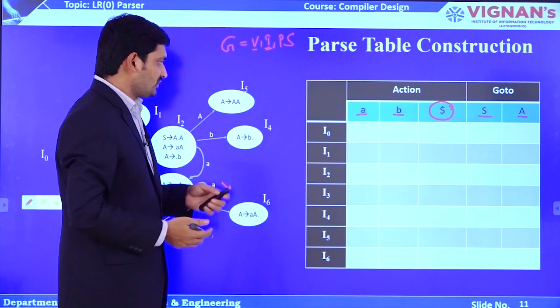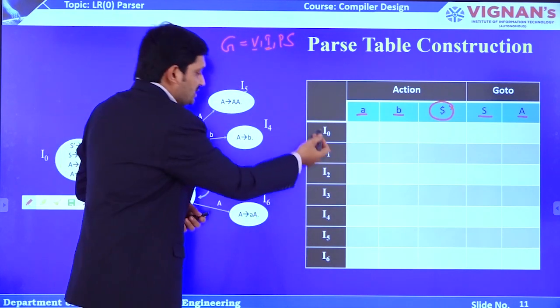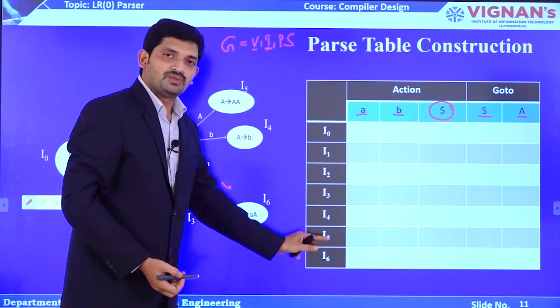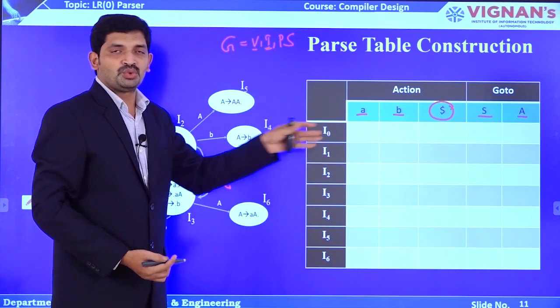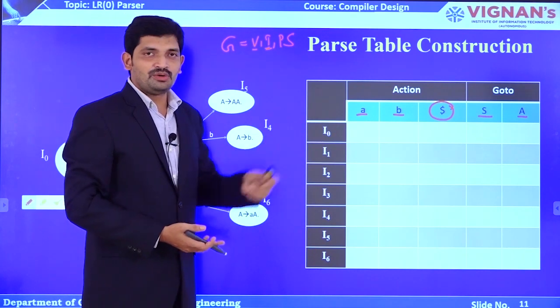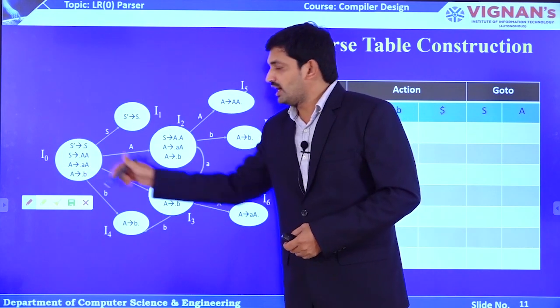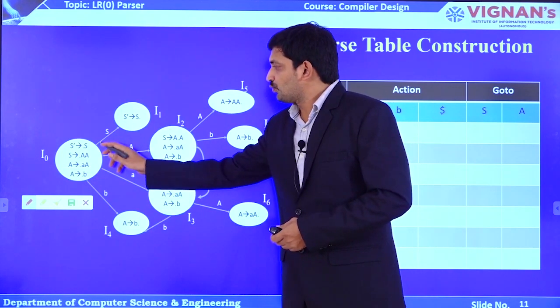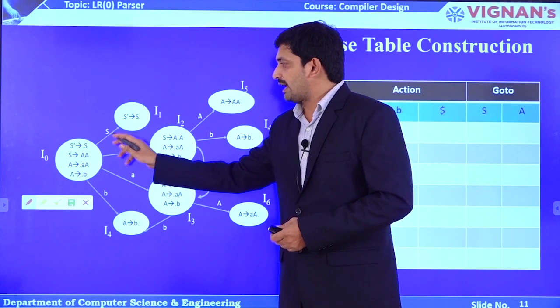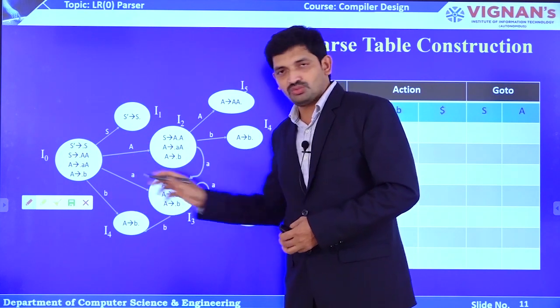Okay. Next, all the state names are written in the first column. Now we are going to construct the LR0 parse table. Now come to the I naught state. There are 4 go-to operations, on capital S, capital A, small a and small b.